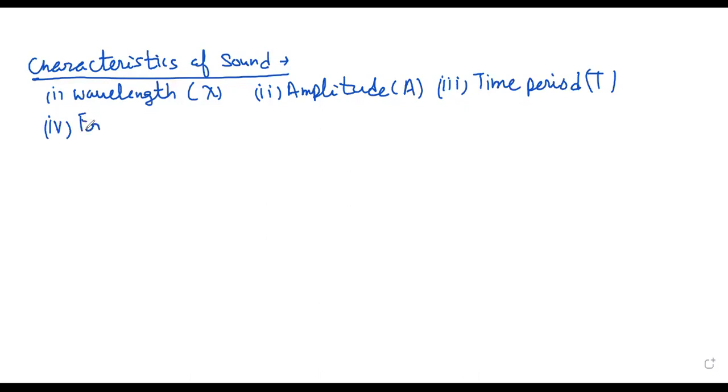Fourth is frequency, denoted by mu. And fifth, we will use the speed of sound wave.